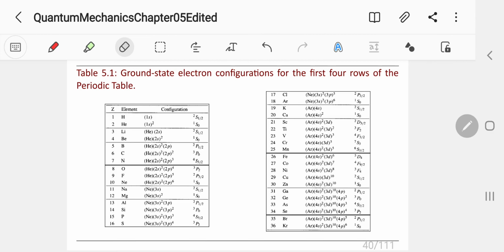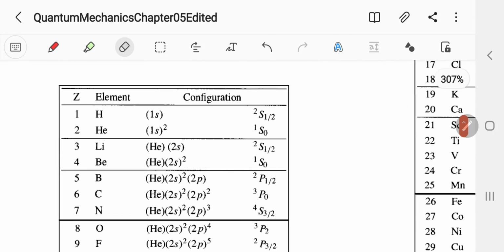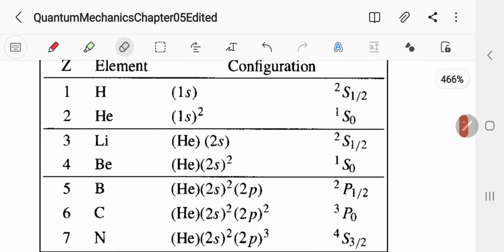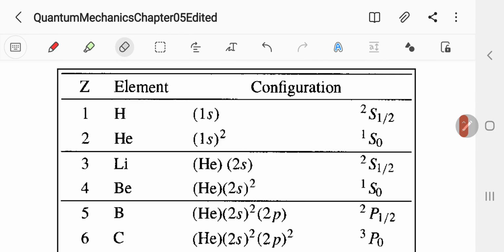So if we look at the ground state electron configurations of the first 4 rows of the periodic table, we have this one here. For the hydrogen atom, it's just 1s, and you have 2 here for spin 1/2.